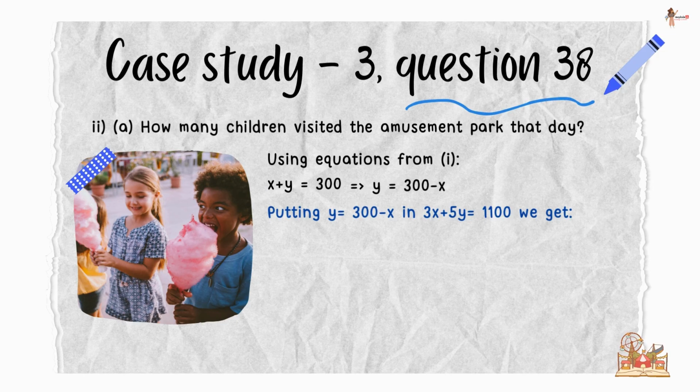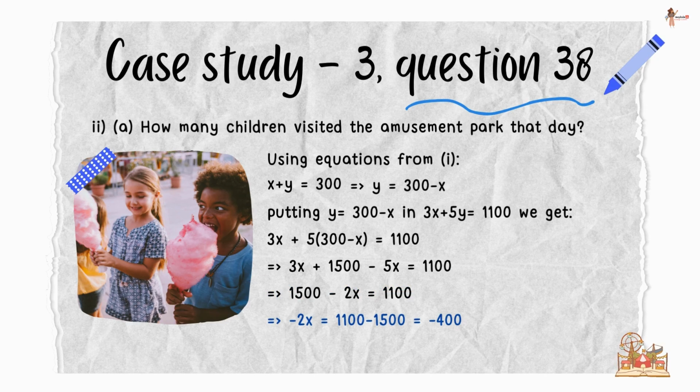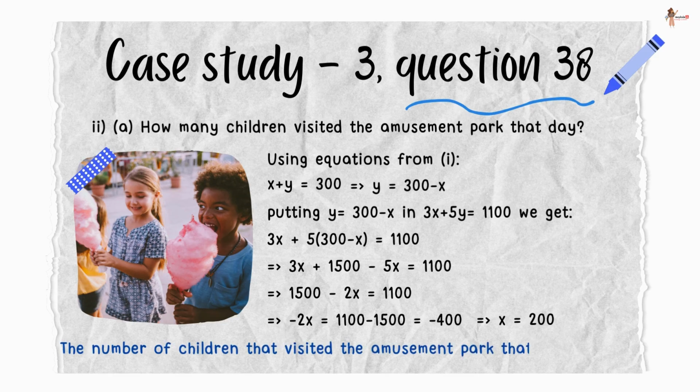Now putting it in 3x plus 5y is equal to 1100, we get 3x plus 5 times (300 minus x) is equal to 1100, that means x is 200. That means the number of children that visited the amusement park that day was 200.